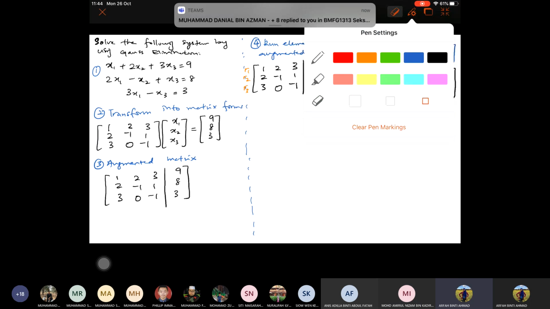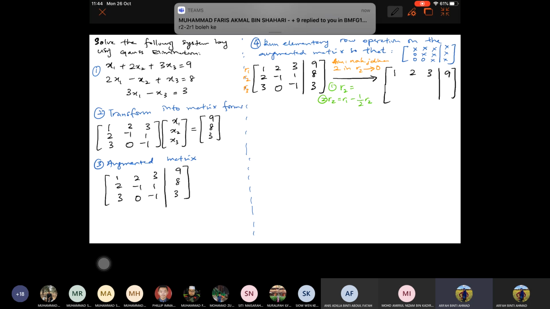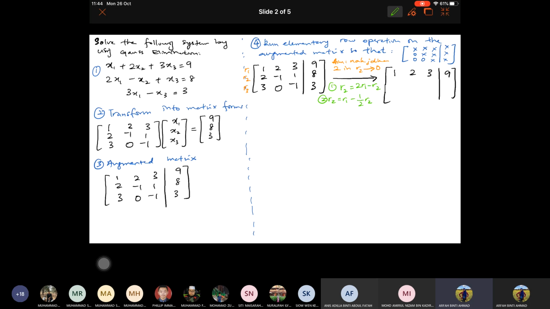Dia tak ada negatif. Kalau negatif dia jadi ni. So you can take 2R1 tolak R2. R2 tolak 2R1 boleh juga. Okay. R2 sama dengan R2 tolak 2R1. So pun boleh juga. Okay.